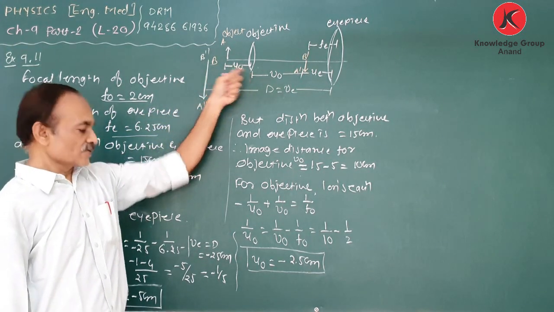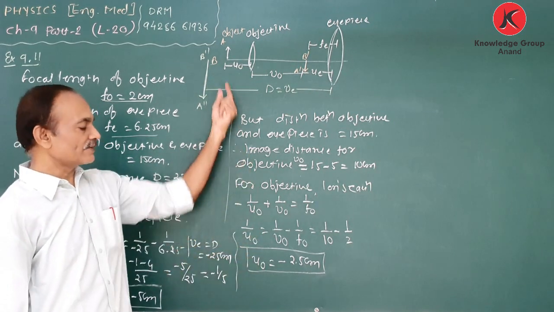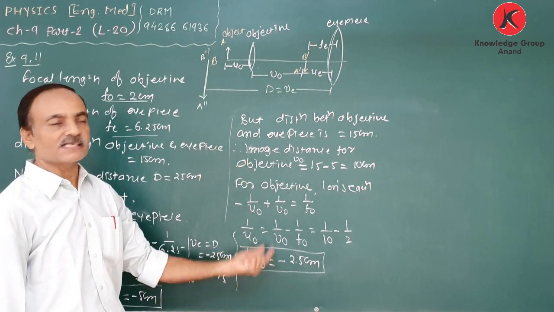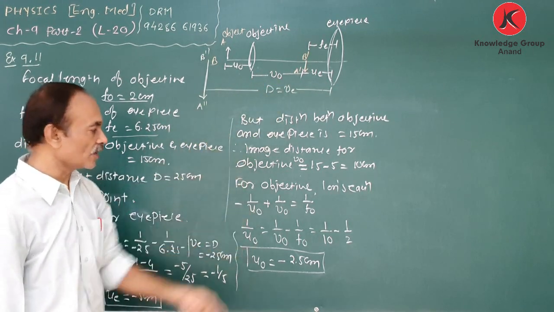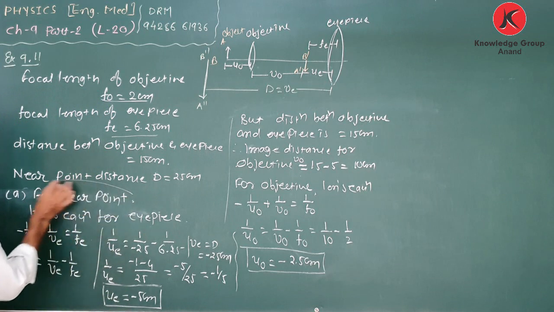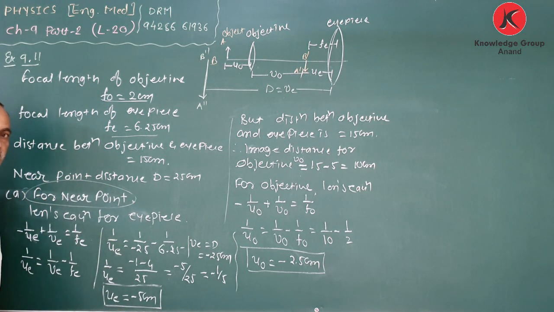Clear this? So let's place the object at 2.5 centimeter distance from the objective. So the final image in the compound microscope we obtain at near point.